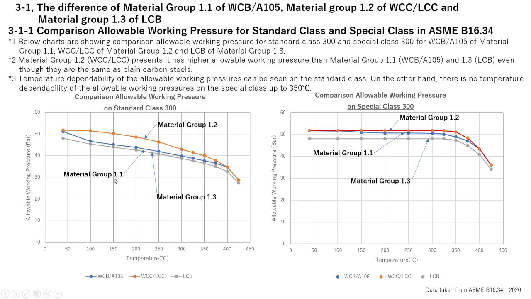Three material groups are indicated by plotted data. The red line indicates material group 1.2, the blue line indicates material group 1.1, and the gray line indicates material group 1.3.